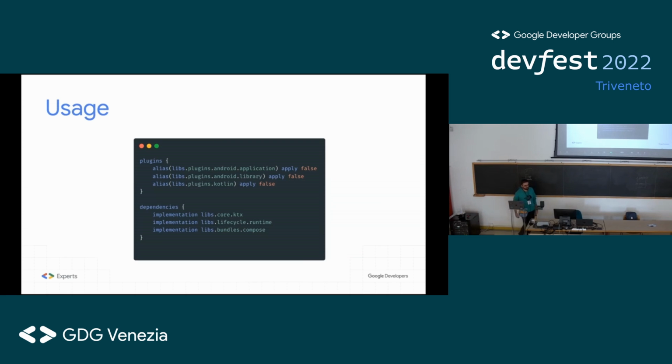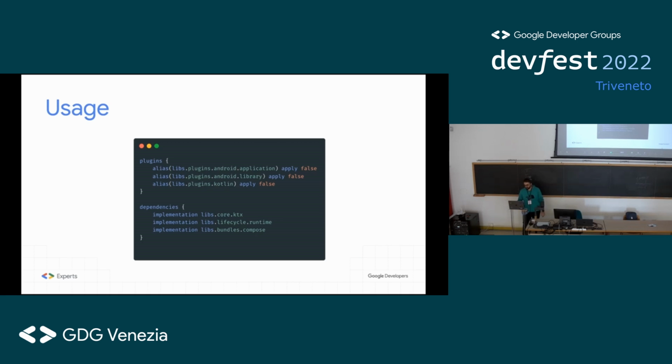Libs.bundles.compose. And I've seen lots of projects that extract those dependencies into a separate Gradle script. Like if you have 40 different feature modules and most of them use the same setup, why don't you just extract a Gradle script like common-feature.gradle with all the required setup there, and then include this Gradle script in your feature.